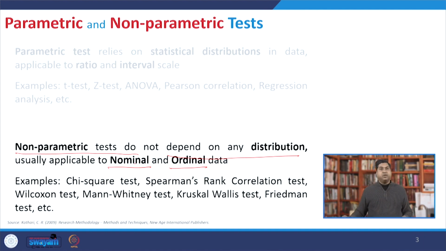For such kind of data set, if you are going to collect nominal or ordinal data in your survey or research plan, then probably the best way is to go ahead with the non-parametric test. For example, chi-square test, Spearman rank correlation test, Wilcoxon test, Mann-Whitney test, Kruskal-Wallis test, Friedman test, and there are so many.